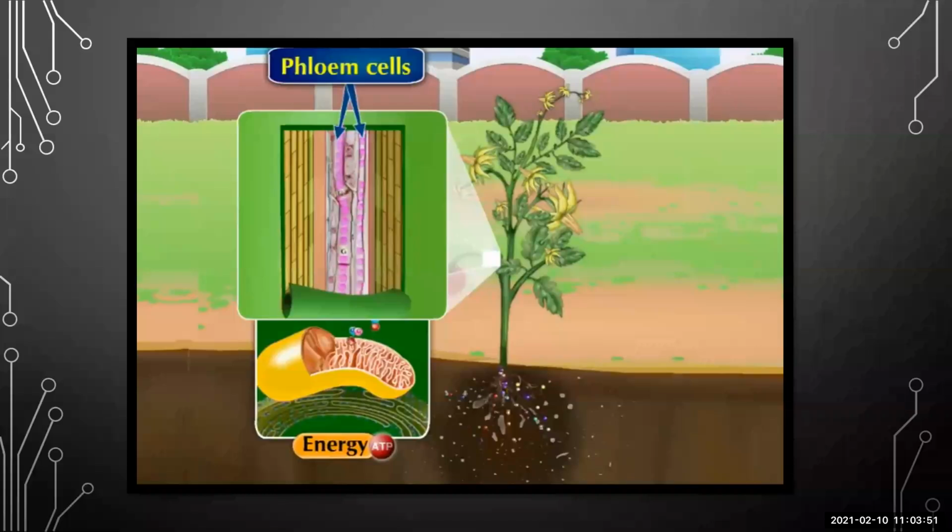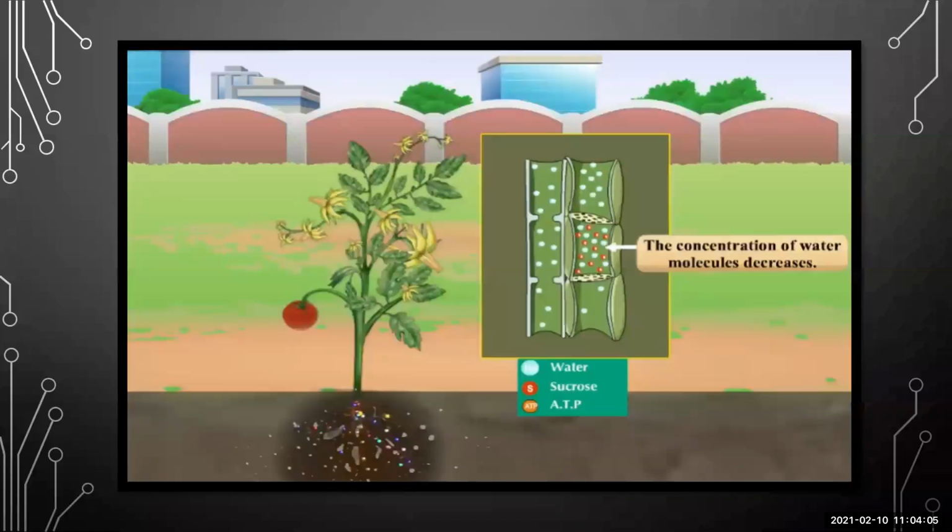So this energy is nothing but the ATP molecule, which gives the energy to the phloem to translocate the material from one part to each and every cell of the plant body. Now, how does this happen?